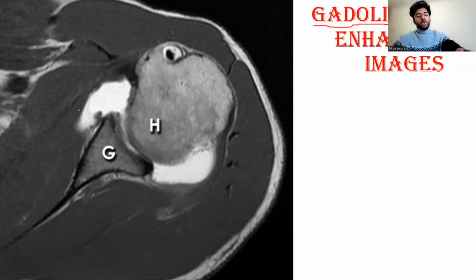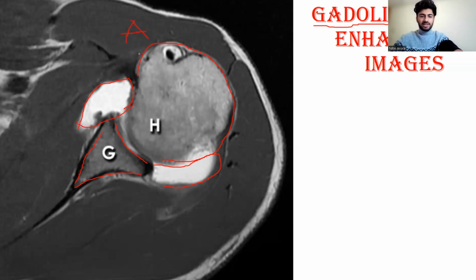On this MRI scan, for example, gadolinium was injected in the patient's shoulder joint. Over here, you can see this is the scapula and this is the humerus. This is the glenoid labrum of the scapula that extends on both sides, here and here. This is the anterior part of the MRI scan.